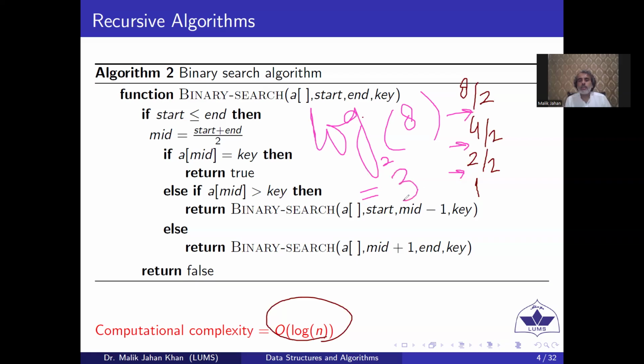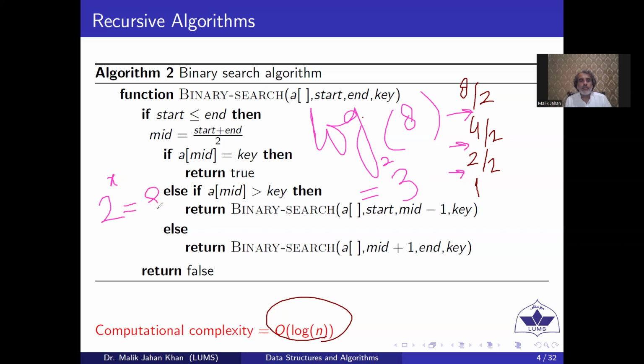So logarithm is essentially mathematically opposite to what we do in exponentiation. For example, if I have been given 2, to what power do I have to raise 2 to get to 8?